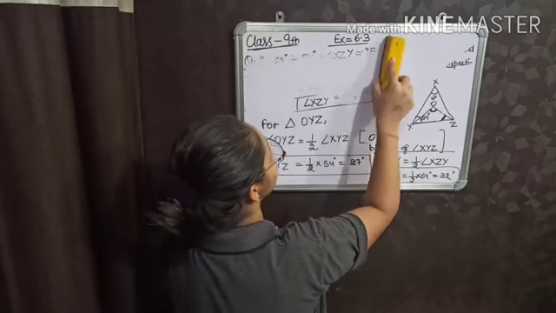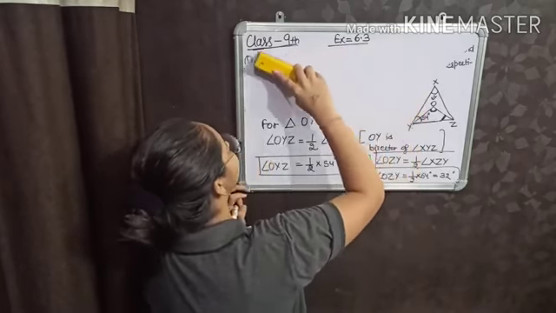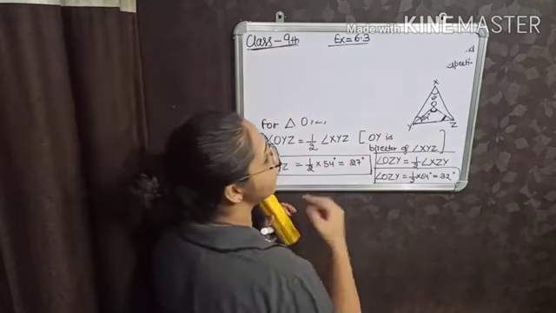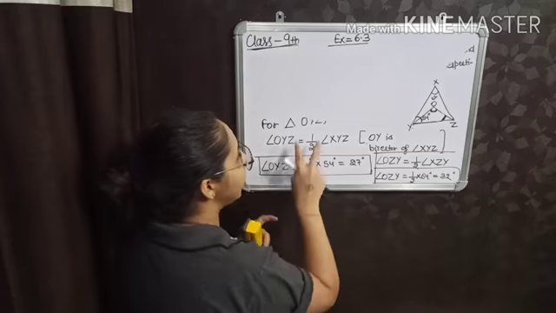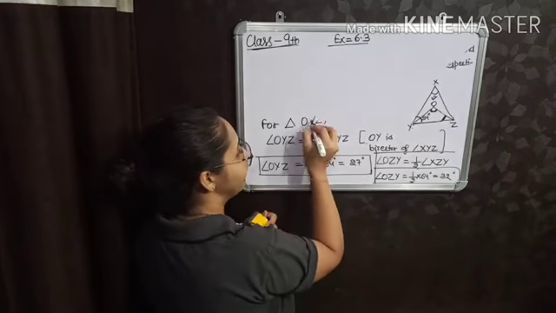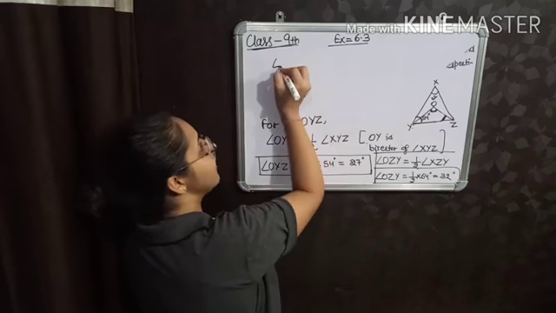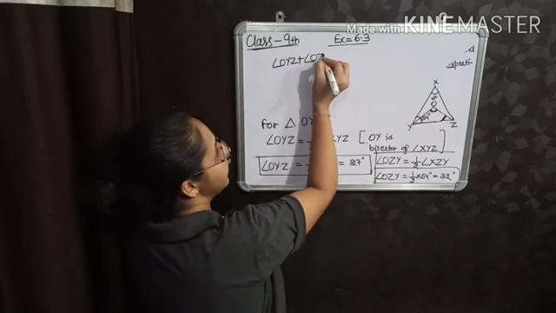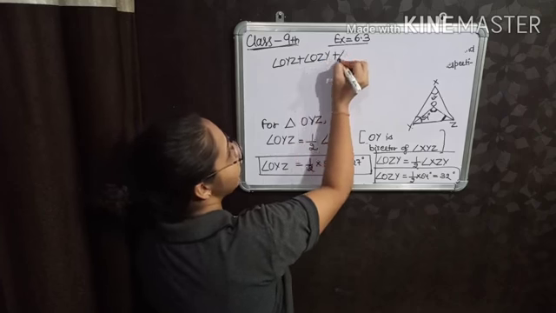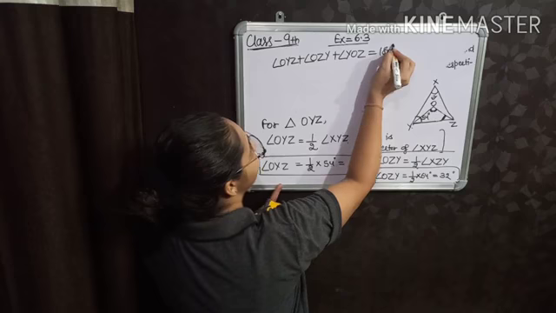Now the question was you have to find the value of angle YOZ also. So for triangle OYZ, you can write angle OYZ plus angle OZY plus angle YOZ is equal to 180 degrees. Why?